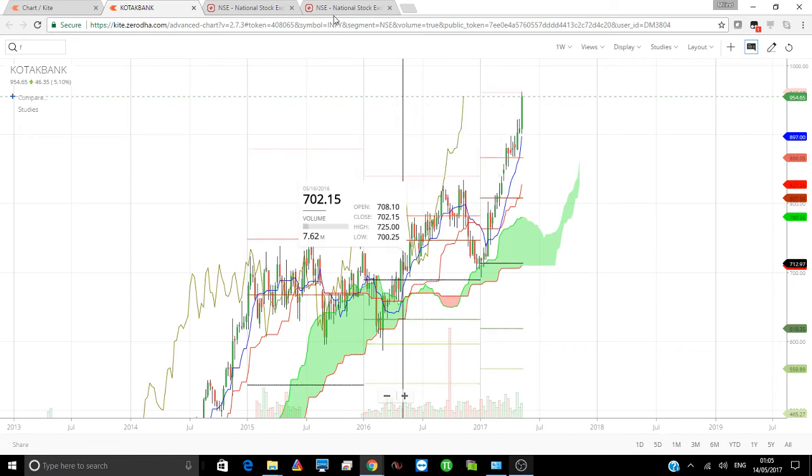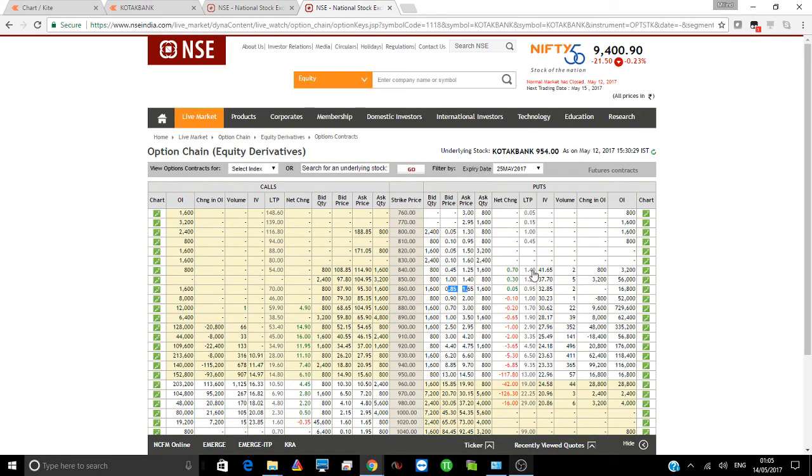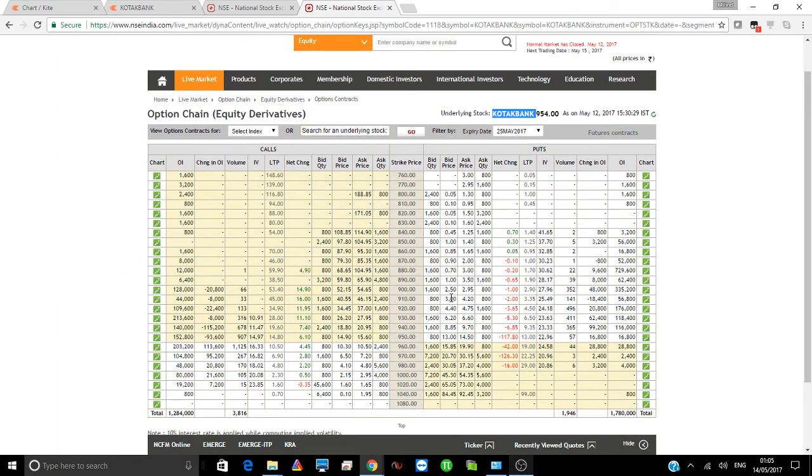So what I would do is go to the option chain of Kotak Bank. That's why I had opened it. If I look at the options, the 900 put is trading for the May month at around 2.9 rupees. 860, sorry, 860 is quoting at around 1 rupee.